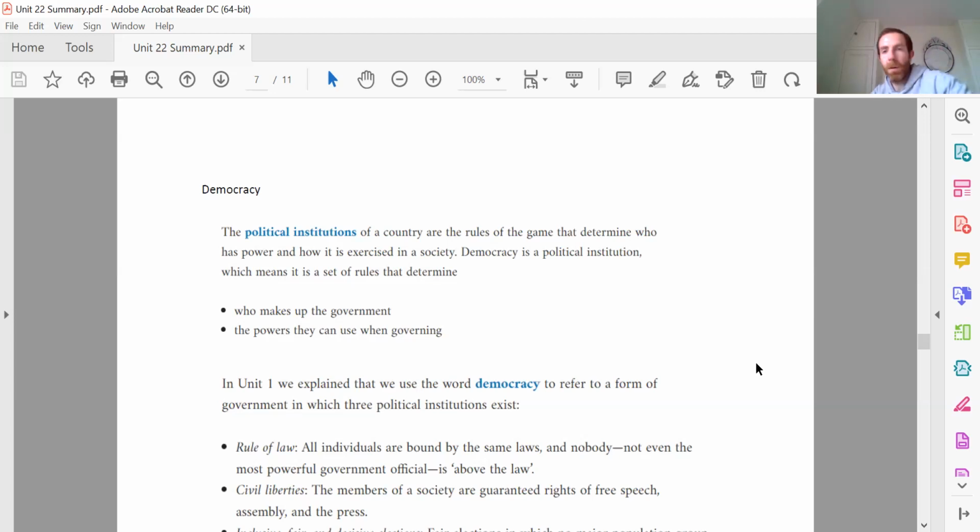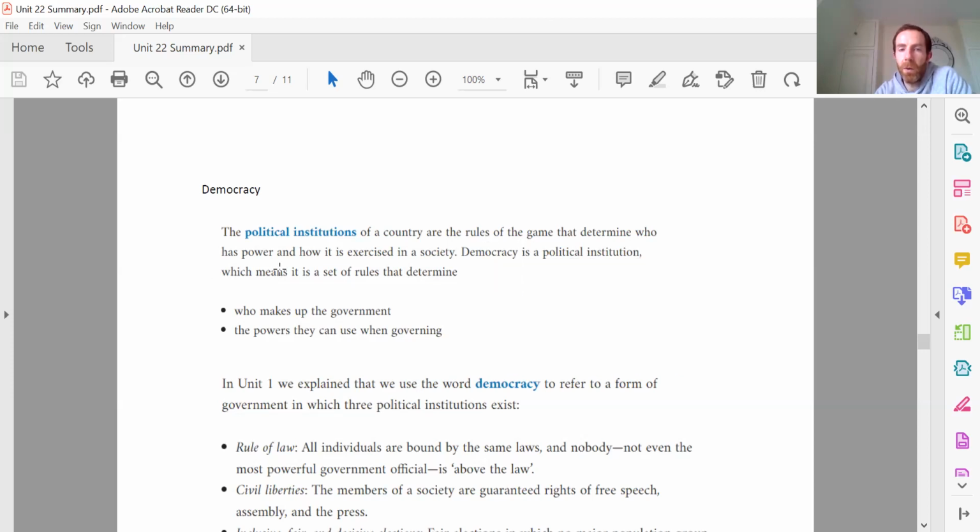But before we talk about the median voter model, let's be really clear about what we mean by democracy. To start with, what does it mean in terms of it being a political institution? Political institutions are the rules of the game. This is us starting to think, maybe using ideas from game theory, that the political institutions of the country determine what the rules of the game are.